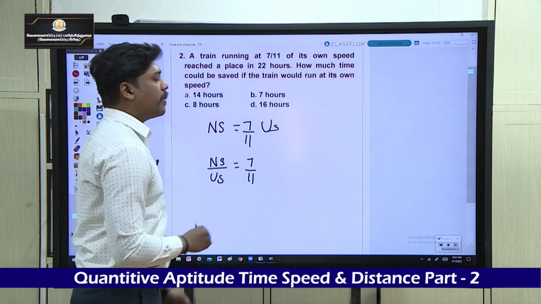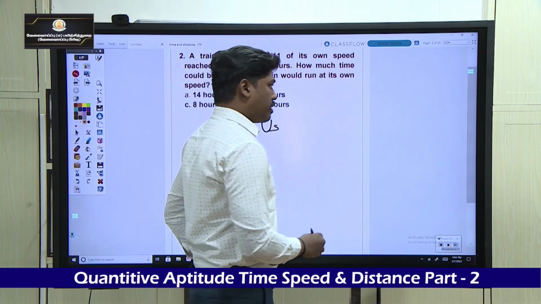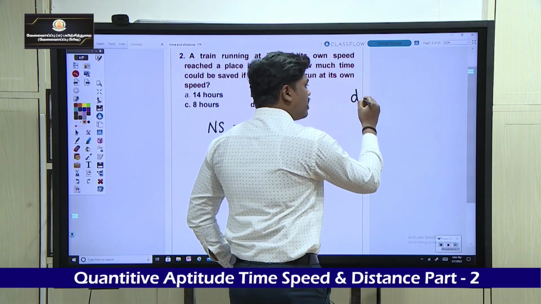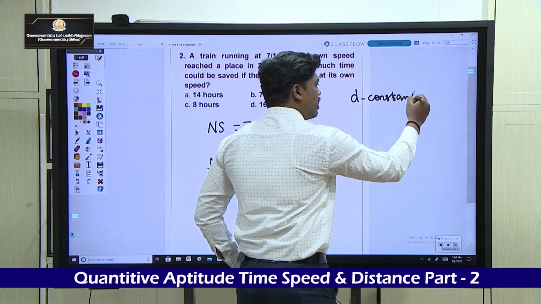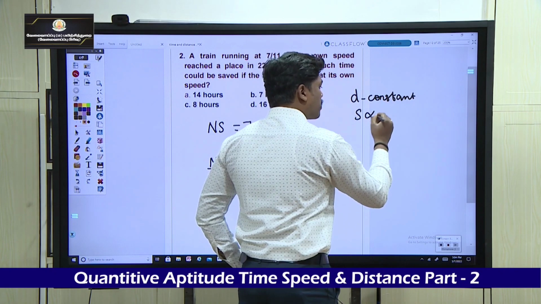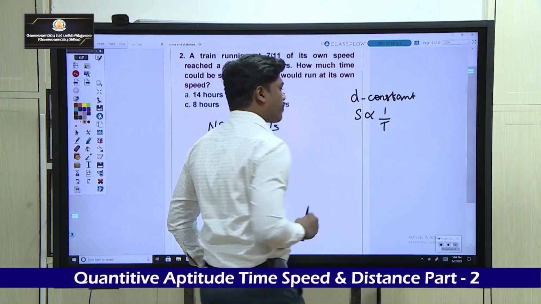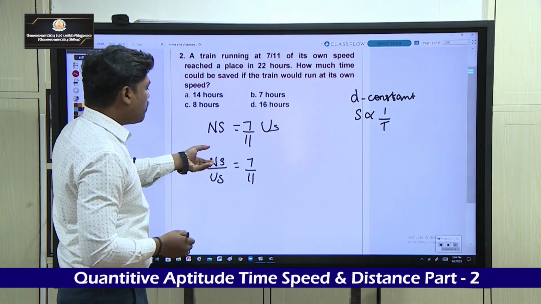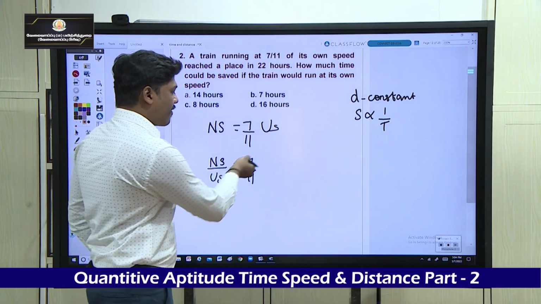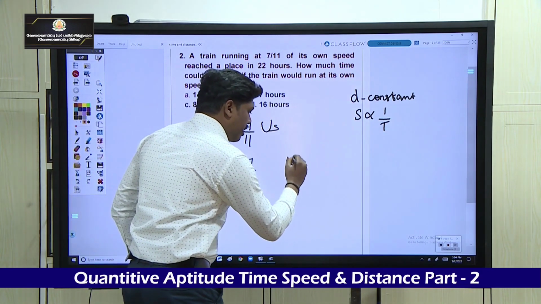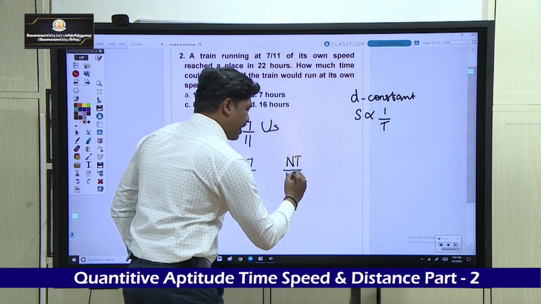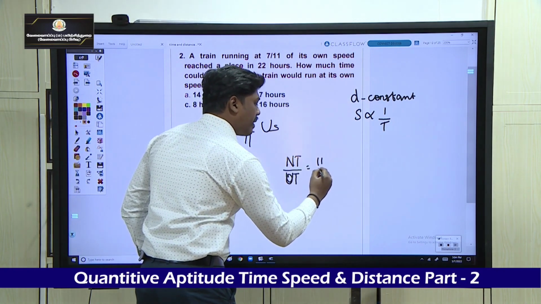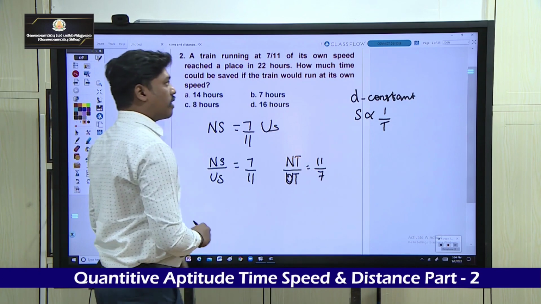So here they have not mentioned about the distance, which means the distance is constant. So if it is constant, speed is inversely proportional to time. So if new speed by original speed is 7 by 11, what can I tell? New time by original time or usual time would be 11 by 7.